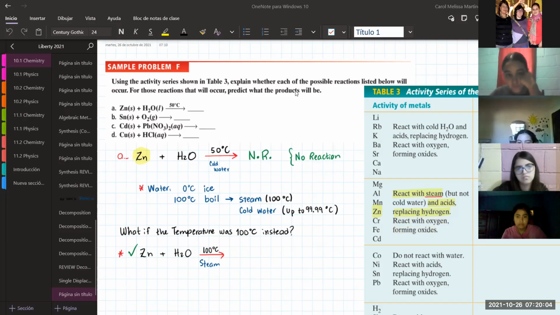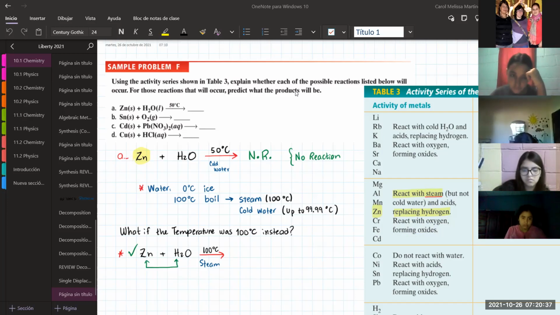I will take only that part because this is the example that applies right here. It's not an acid, but it reacts with steam, replacing hydrogen. So what I need to do, that table is already telling me what to do. I need to replace hydrogen. So the replacement right here is going to occur between zinc and hydrogen.